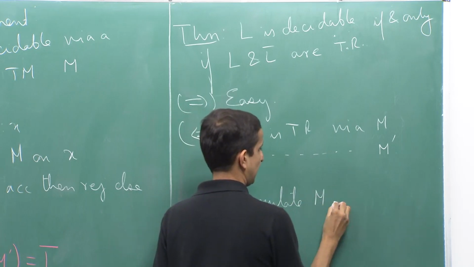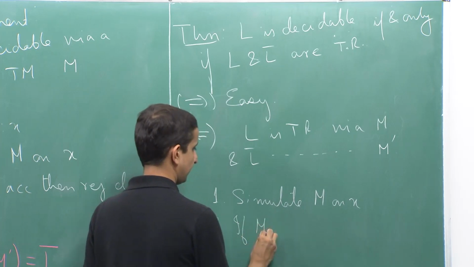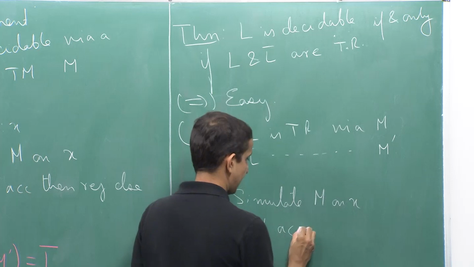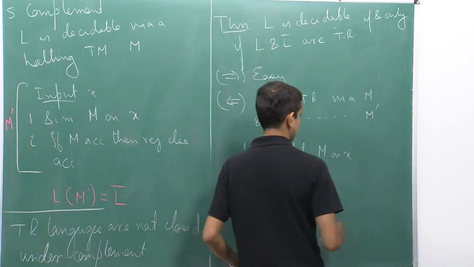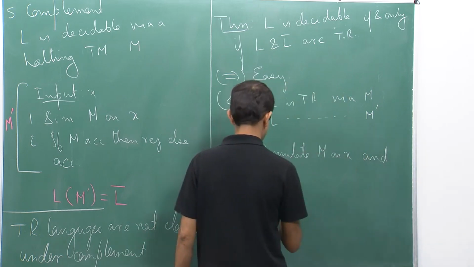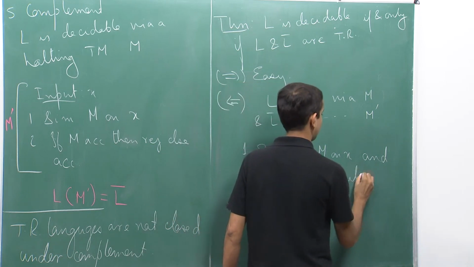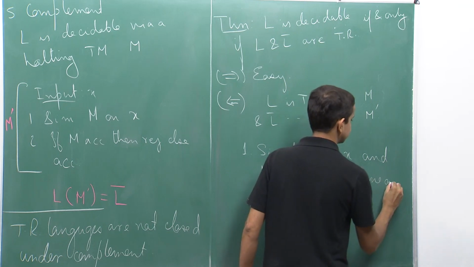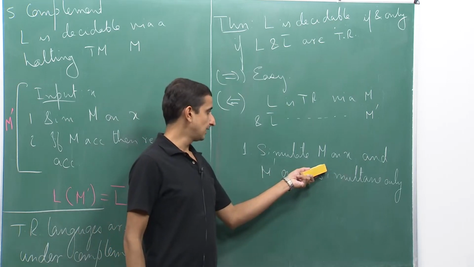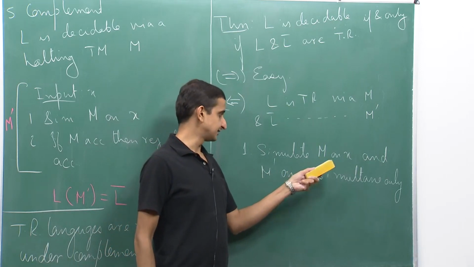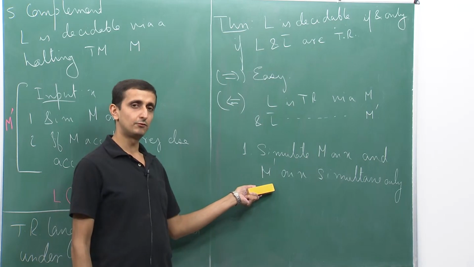Simulate M on x and M prime on x simultaneously. Okay. So, again this is similar to the union, as I said. So, you simulate x on M for one step and then you simulate x on M prime for one step. Then again you go back to M, again you come to M prime and so on.